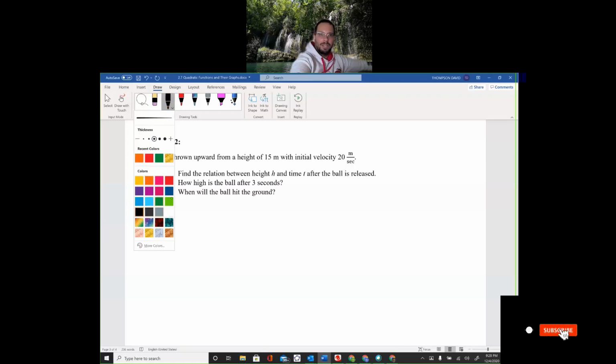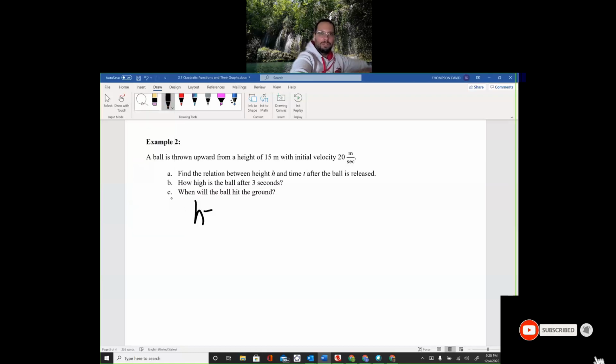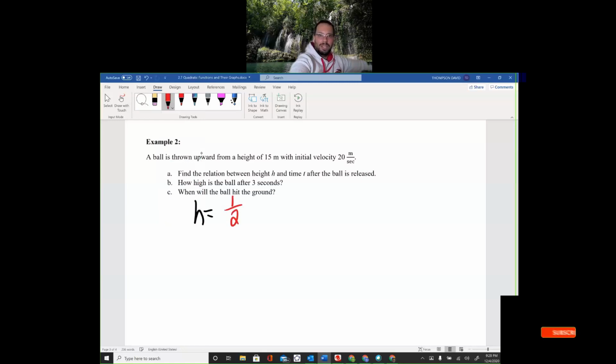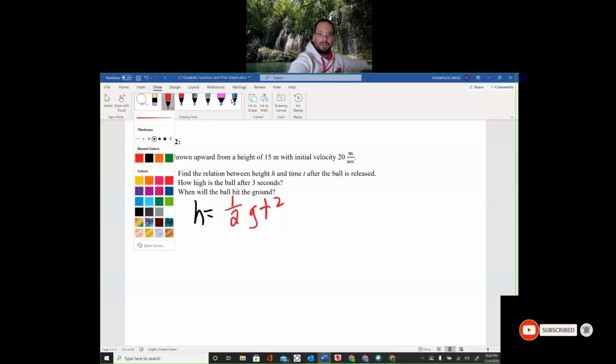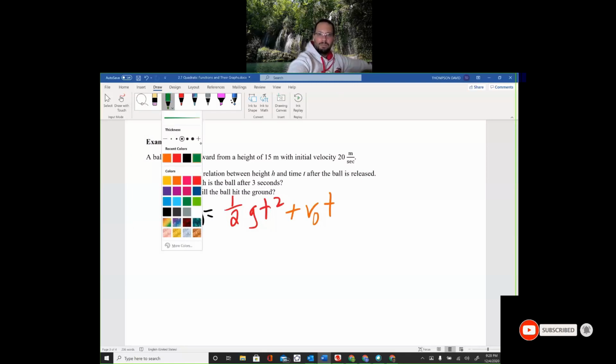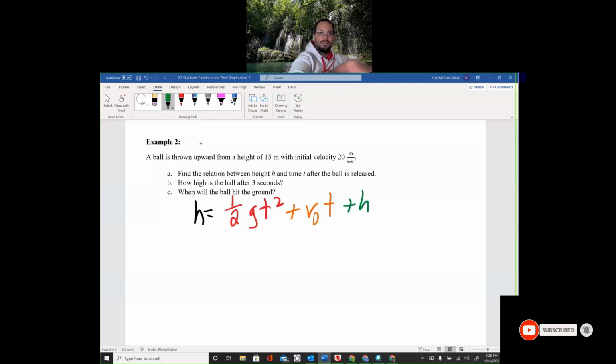It starts as h equals 1/2 gt squared plus v0 t plus h0.